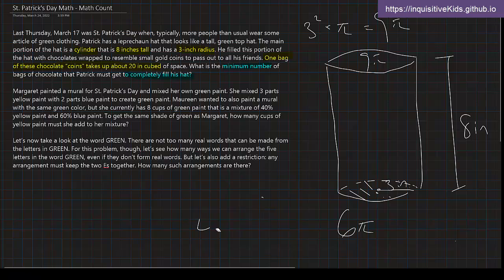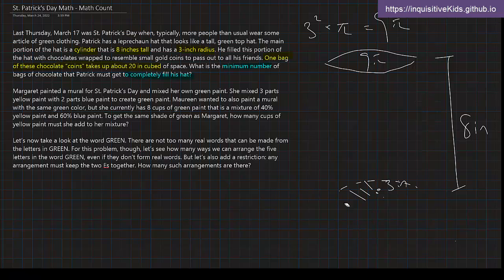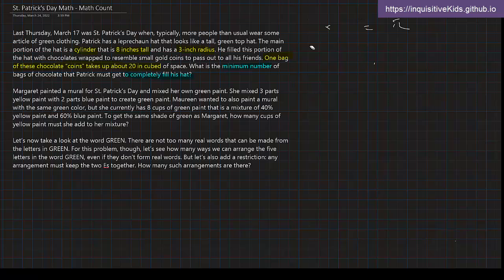Okay, so I'm going to erase this. 57 pi of area. Now we know that each of these bags of chocolate coins takes up about 20 inches cubed of space. We could fill in pi as 3.14.